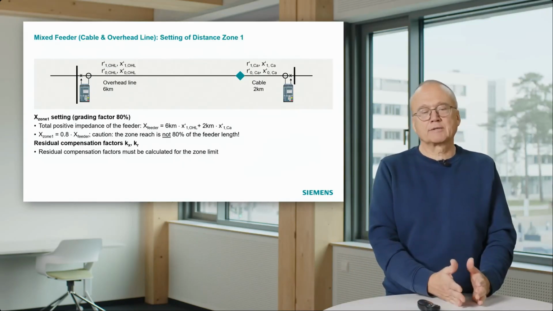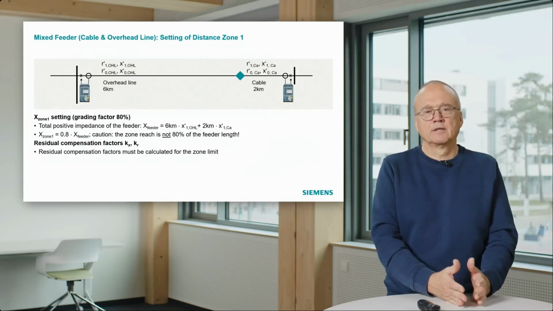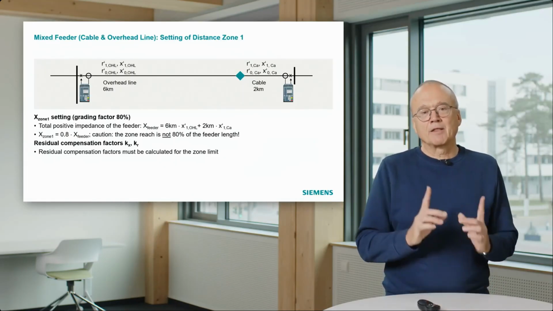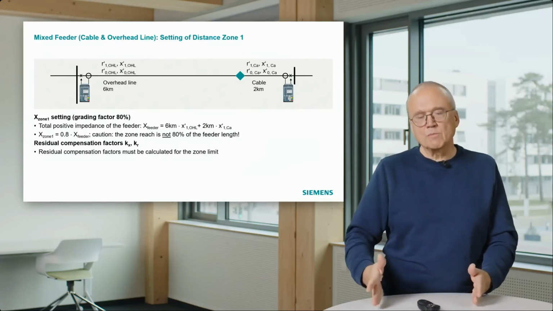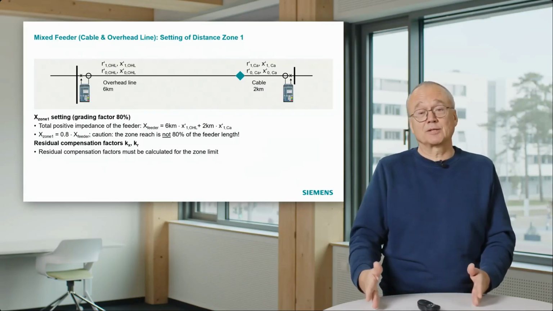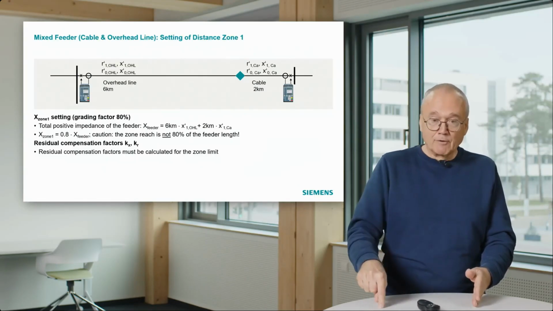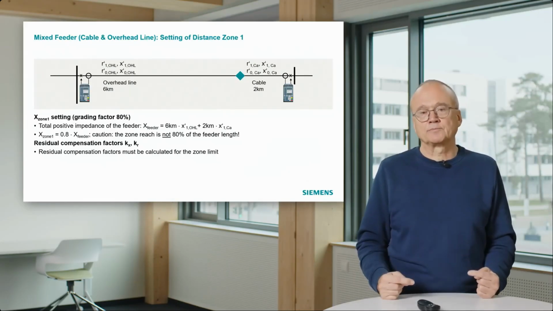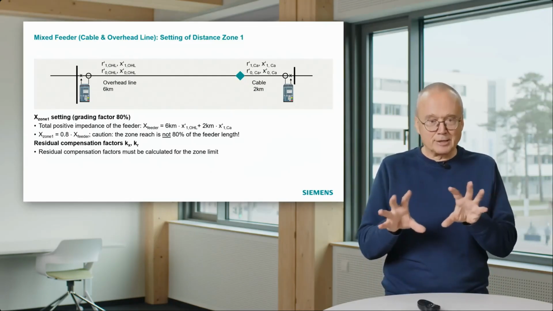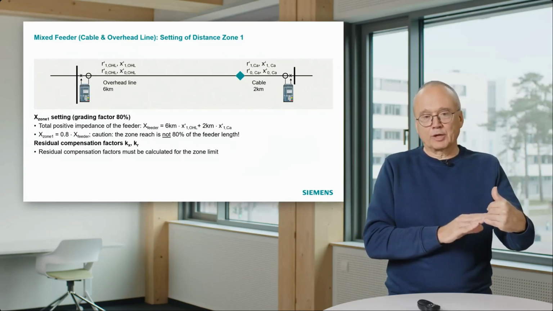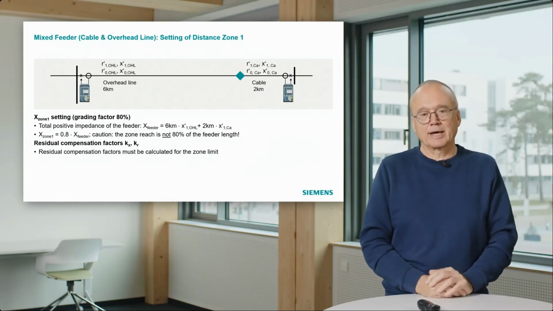If we have a fault at 10% of the line, we don't have to be accurate, so the compensation factor is not that important. That means we assume a fault at the zone limit, 80% of the positive sequence impedance, and for this fault location we calculate the residual compensation factors. That means these factors are somewhere between the factor we could calculate for the cable data and for the line data.